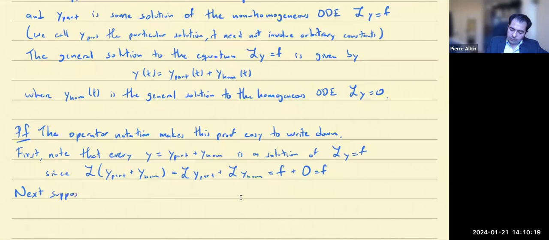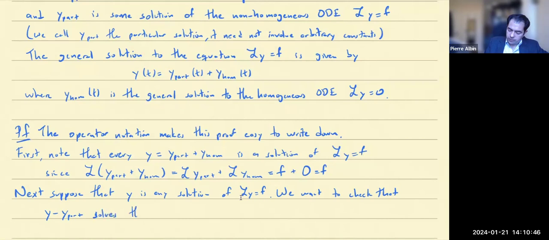Next, suppose that y is any solution of Ly equal to f. We want to check that y minus the particular solution solves the homogeneous equation L of y equal to 0.